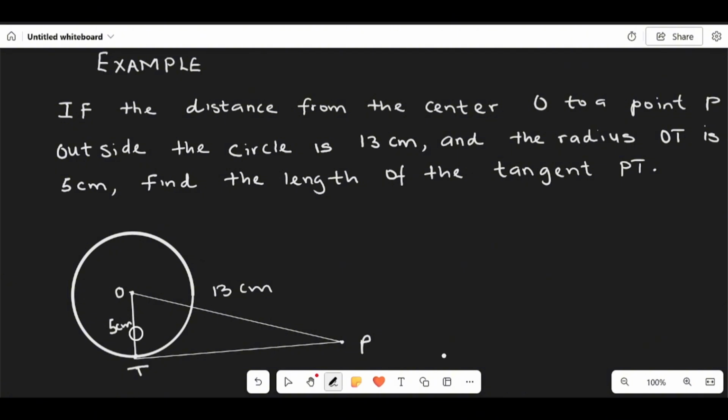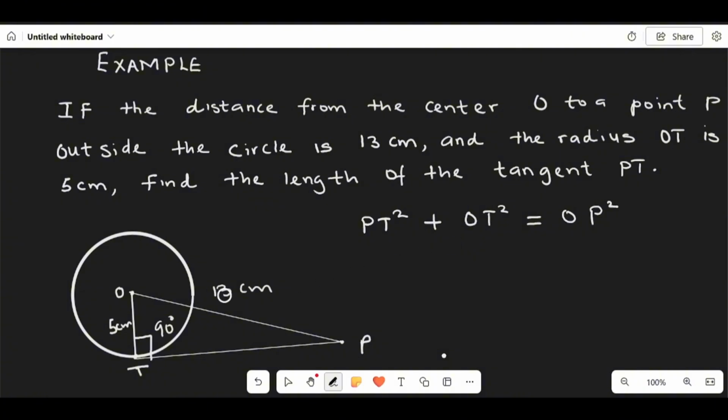Since radius and tangent meet at 90 degrees, we can say this angle is 90 degrees. Now we can apply Pythagoras theorem, and Pythagoras theorem says PT squared plus OT squared equals OP squared.